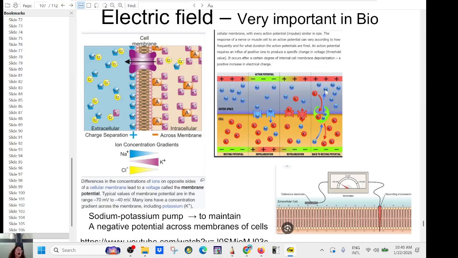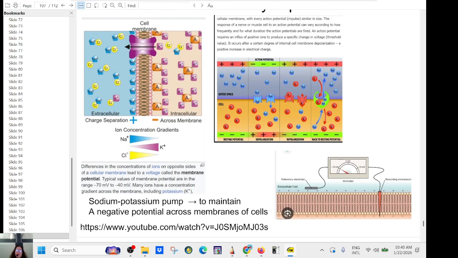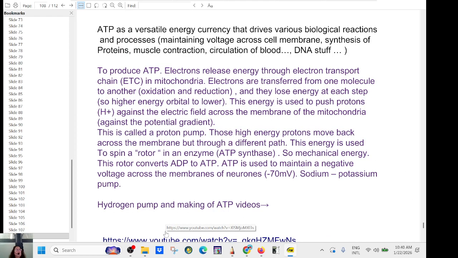Okay, and this is called the action potential. It's the sodium-potassium pump. And if you want to know more about it, you can look it up. But it's all about electric field at a small scale. Everything in biology is about electric field.